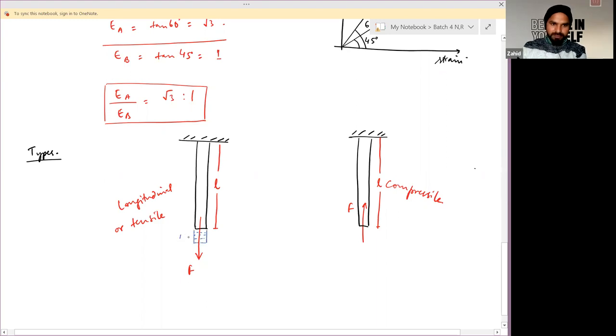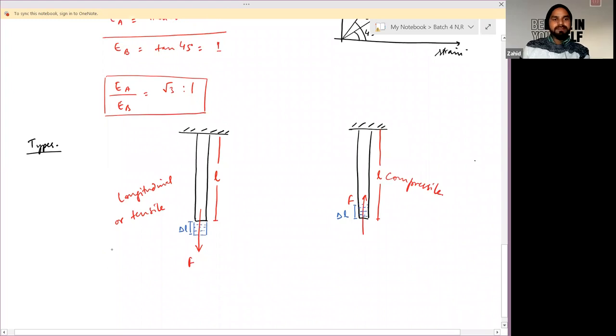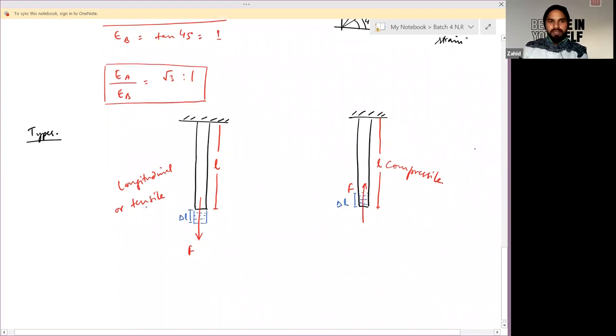So this will be the deformation, delta L. So first we define stress for either longitudinal, tensile or compressive. It will be the same. There will be a change only in the direction of their action.